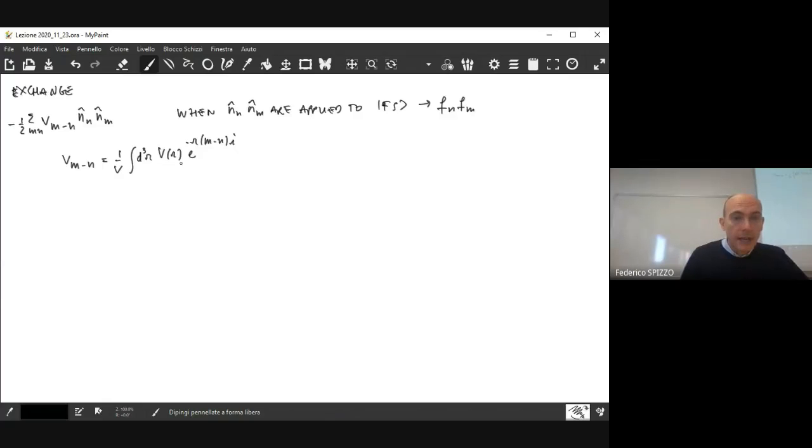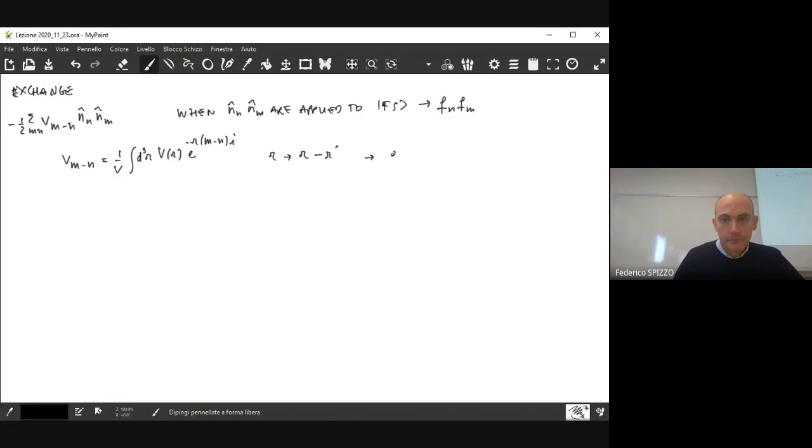And please note that now, when you replace r with r minus r prime, as I did before, in this case you have 4 terms in the phase.